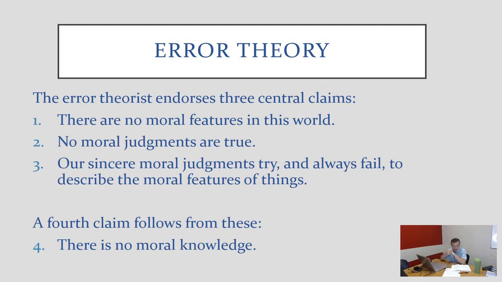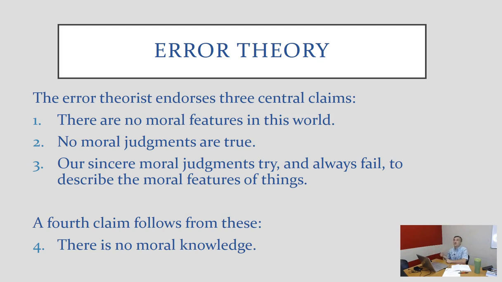The second claim then is that no moral judgments are true. The reason for that follows from the first claim, and that is, if there are no moral features in the world, there is no truth bearer for our moral claims, and therefore a moral judgment cannot be true because there is nothing to make it true.